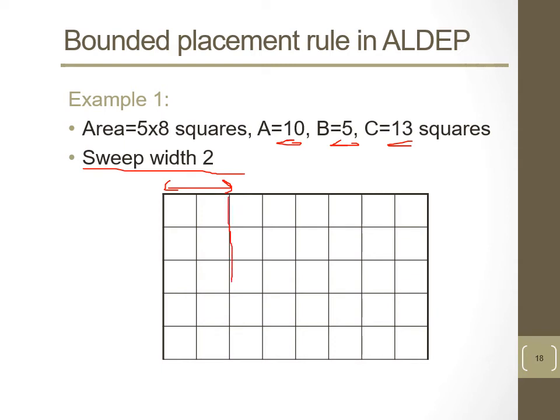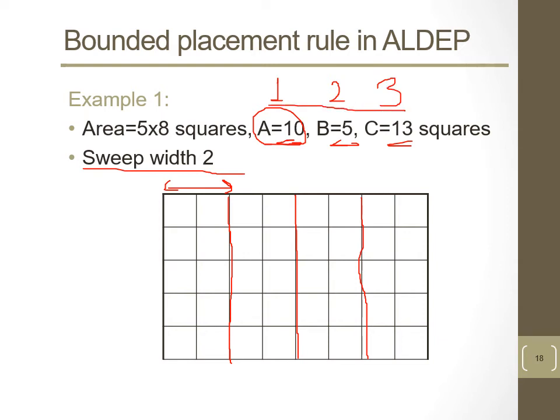This is the first lane, this is the second lane, this is the third lane, and the other one is the fourth lane. We will start with placing A. Let's assume the sequence of placement is A, B, then C in this order.